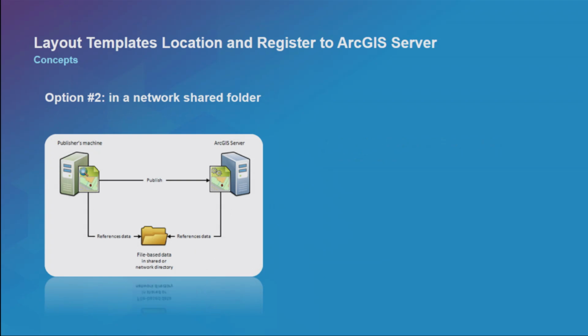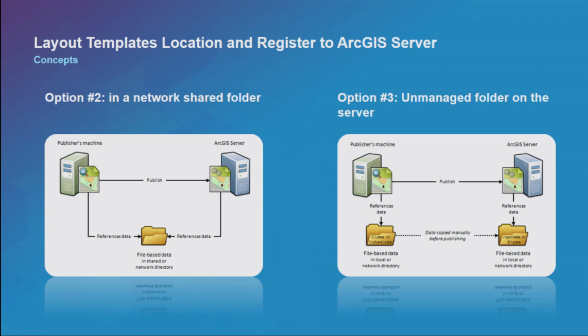The next option is you put them on a network shared folder when you publish, or an unmanaged folder on the server. And in both of these cases, you can update templates without republishing or restarting the service. You're just updating these MXD files on disk, and you don't have to worry about republishing it all.